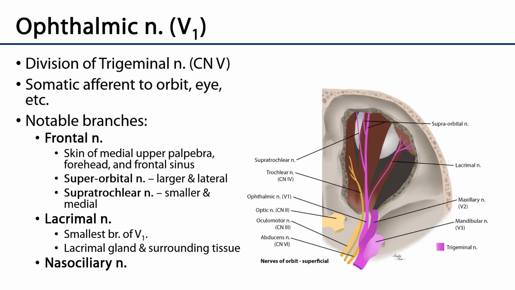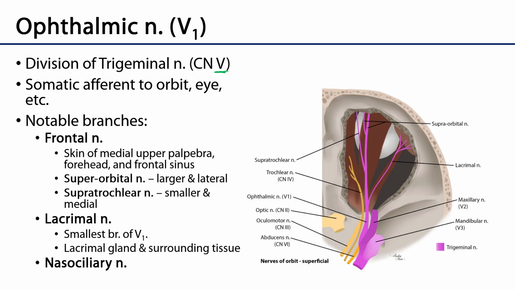Now we have a division of the trigeminal nerve known as the ophthalmic nerve, or V1 for short, as the trigeminal nerve is cranial nerve 5, represented by the Roman numeral 5. Its divisions are V1, V2, and V3.